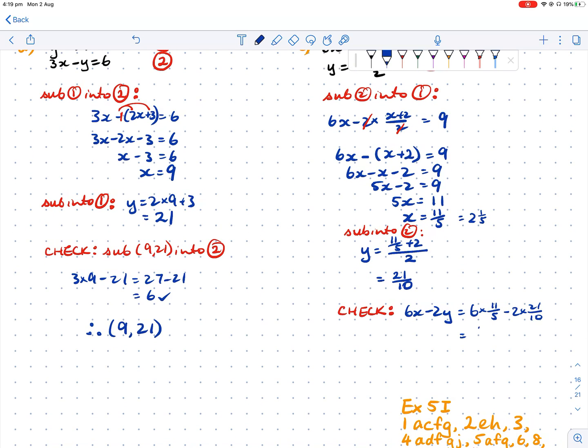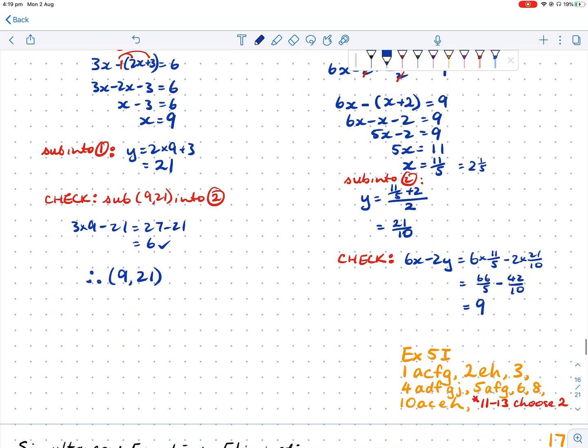So what we've got there is 66 over 5 minus 42 over 10. Now I'm going to put this into my calculator: 66 over 5 minus 42 over 10, and we end up with 9. And that's exactly what we were meant to end up with.